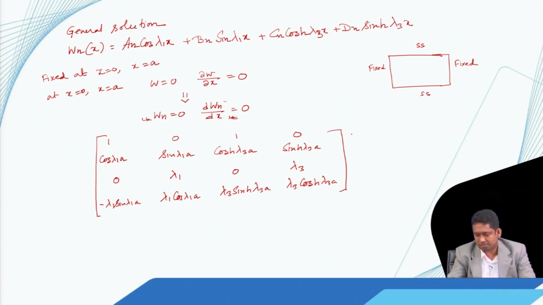So this multiplied by a vector of An, Bn, Cn and Dn should be equal to 0.